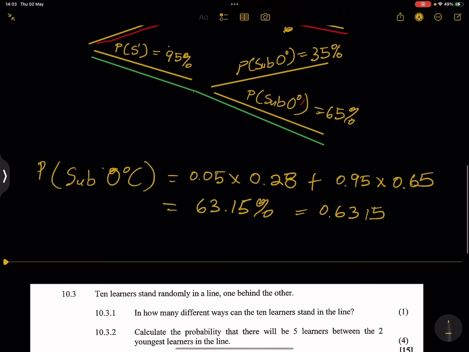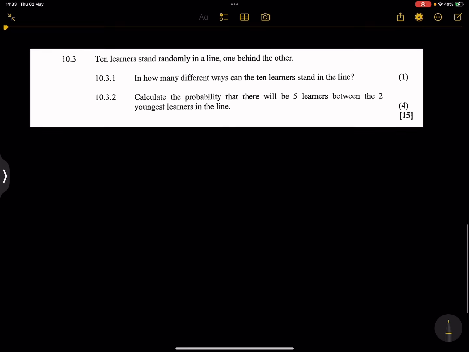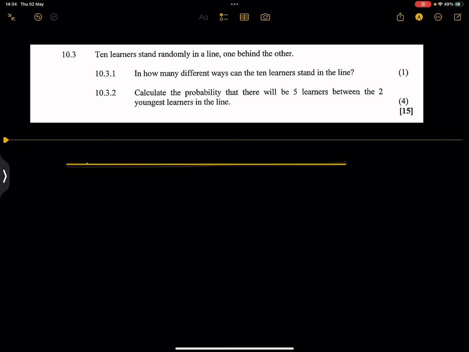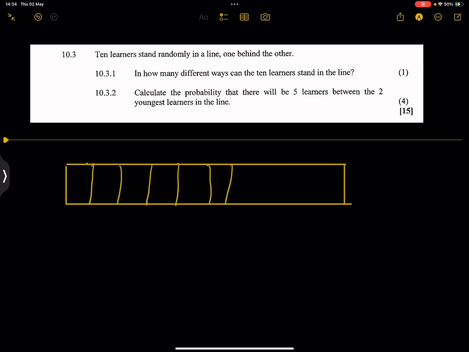Okay, so let's go on to the very next one. This is fundamental counting principles. Let's say we've got 10 learners that stand randomly in a line, one behind the other. I always like representing my data in this case as just some rows: 1, 2, 3, 4, 5, 6, 7, 8, 9, and 10.